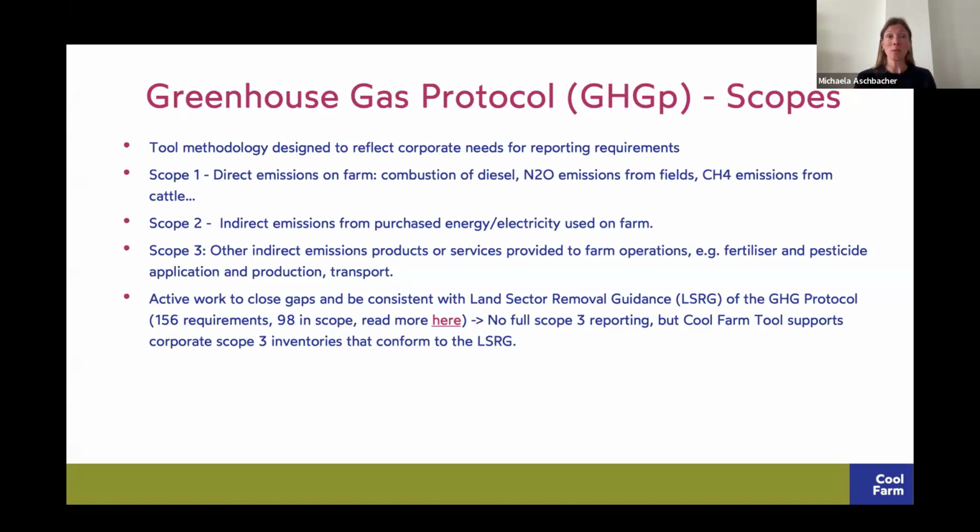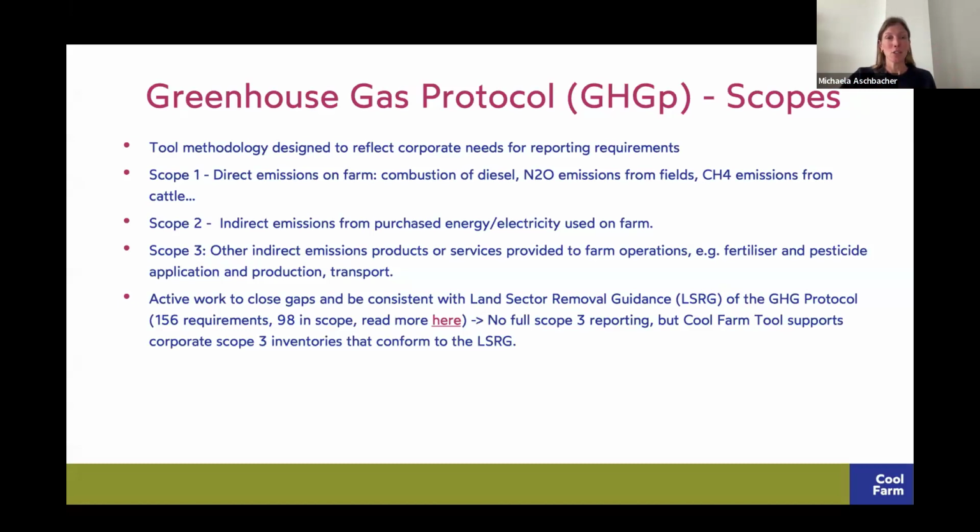So you will find direct emissions that happen through practices on farm, but there are also indirect emissions, scope 3 emissions, as we call them, that we consider. So if we indicate that we apply fertilizers, we also consider for these fertilizers the production emissions that occur when you use such fertilizers on your farm.